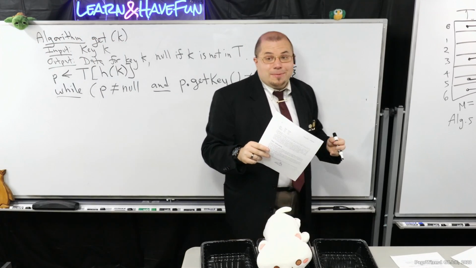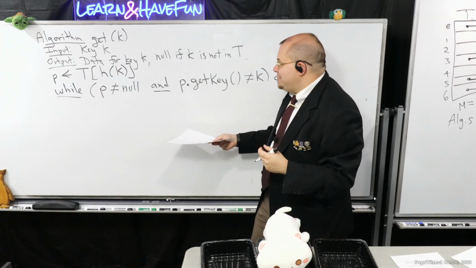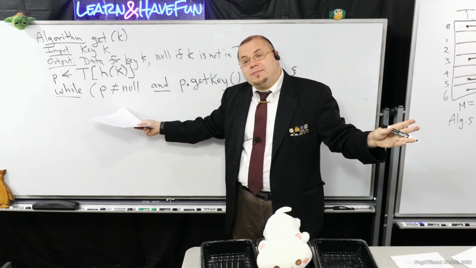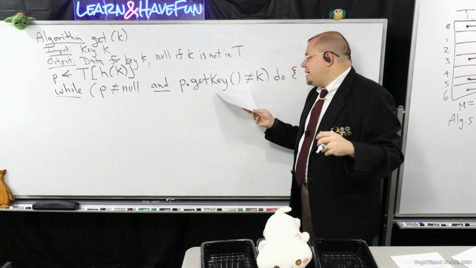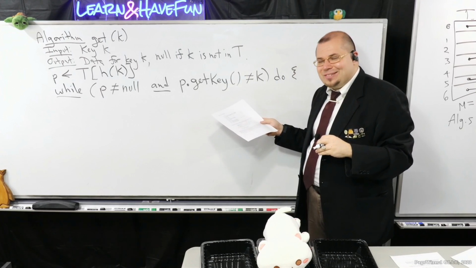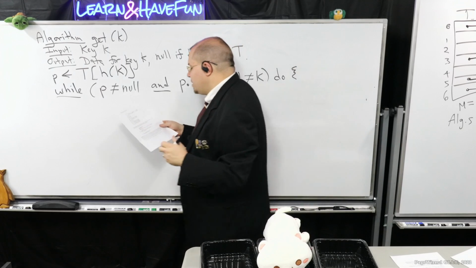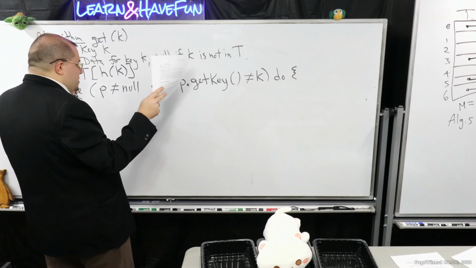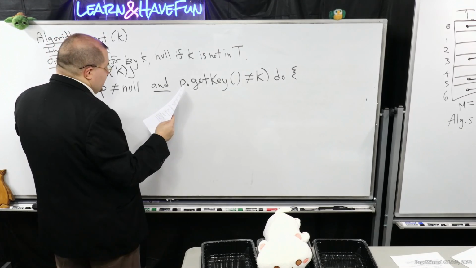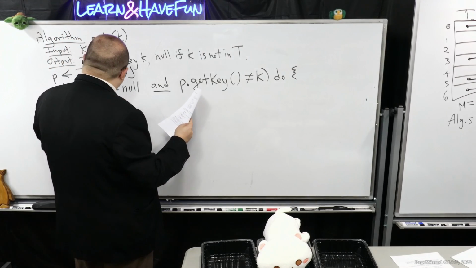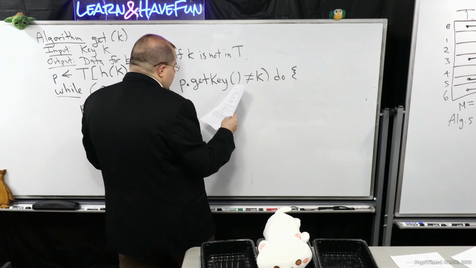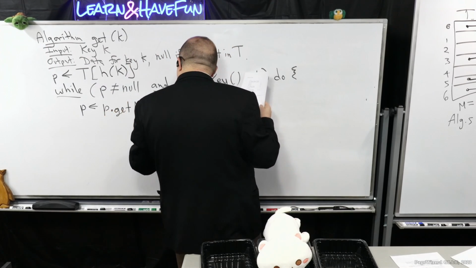That means I just need to keep exploring the list, right? If it becomes null, then it means I've explored the entire list and I didn't find it. If it becomes equal to k, then I found the record in one of the nodes in that given list. So for both of these to be true means I still have to keep exploring my linked list. I have to continue my traversal. So I'm going to assign P to be the next node in the linked list by getting its next attribute.